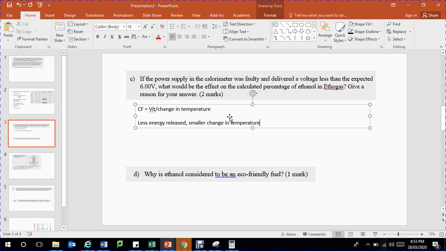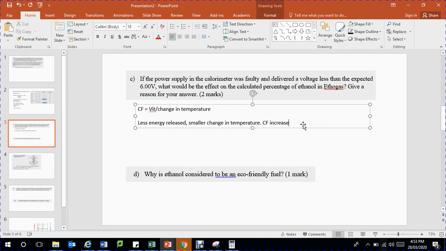Say it's delivered less voltage, say it's 3 volts instead of 6, it's going to release less energy from that fuel. So there's going to be a smaller change in temperature. If there's a smaller change in temperature, that means that my calibration factor is going to increase, according to this equation here.